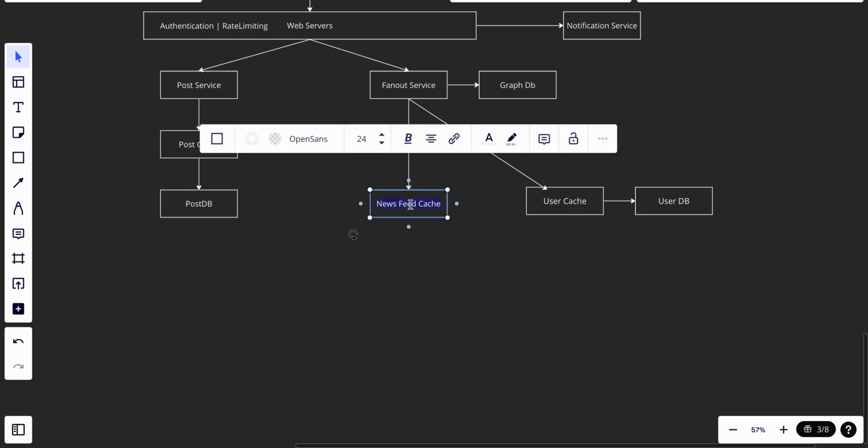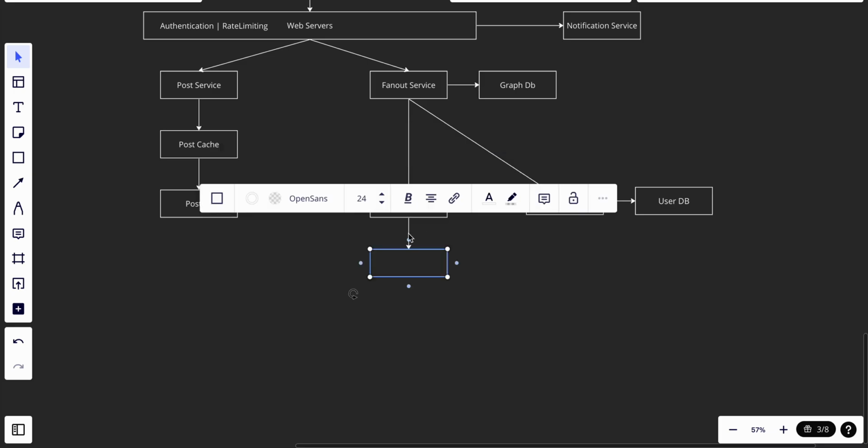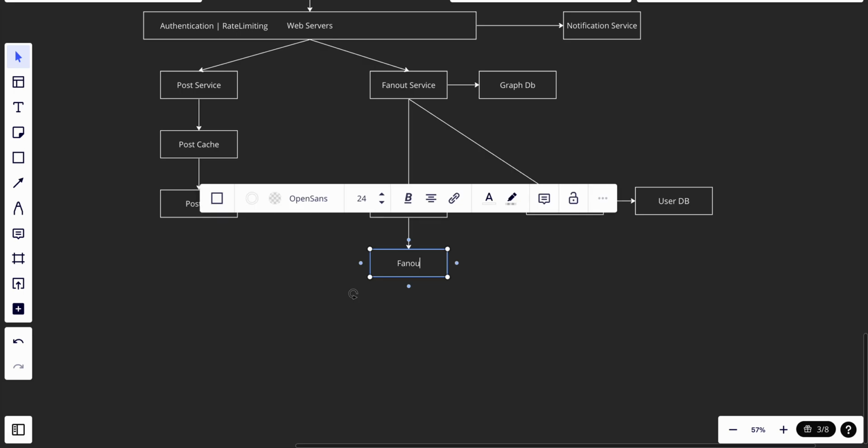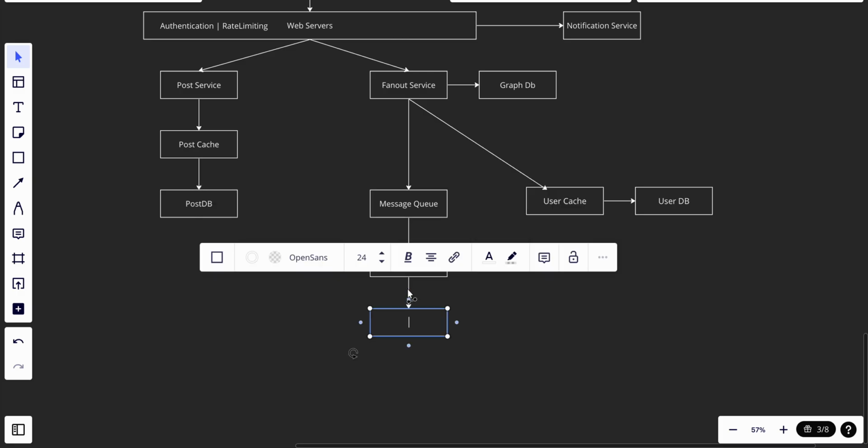And how the newsfeed works: first we have the message queue, and the message queue sends to the fan out workers, and the fan out will send to the newsfeed cache.